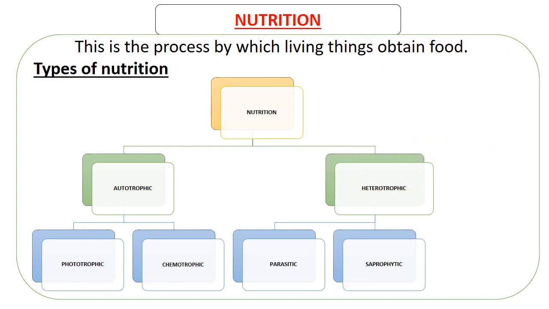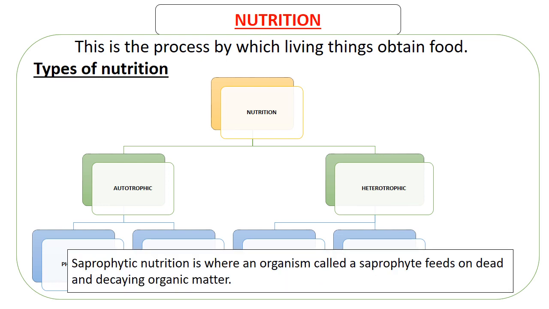Another type of heterotrophic nutrition is saprophytic nutrition. Saprophytic nutrition is defined as a type of nutrition where an organism called a saprophyte feeds on dead and decaying organic matter. So when something dies and has started to decay, a saprophyte feeds on its body materials.